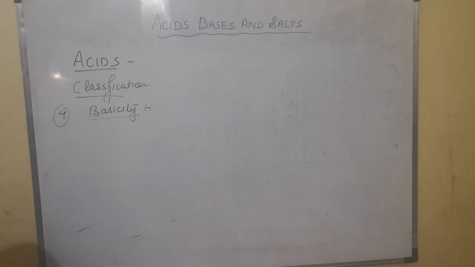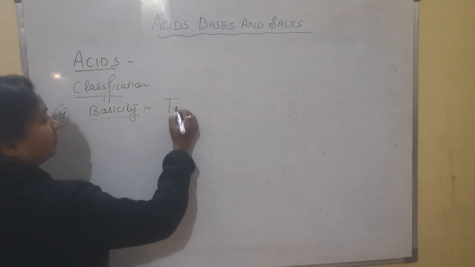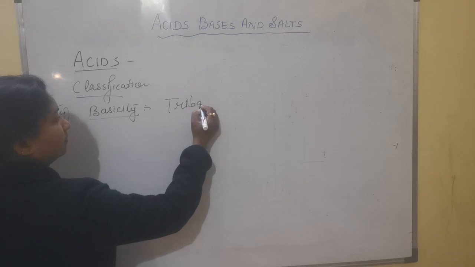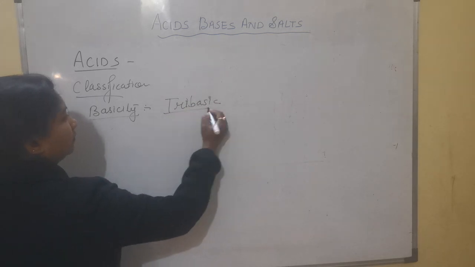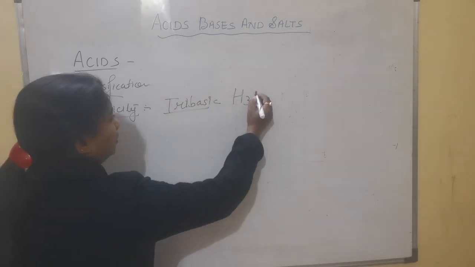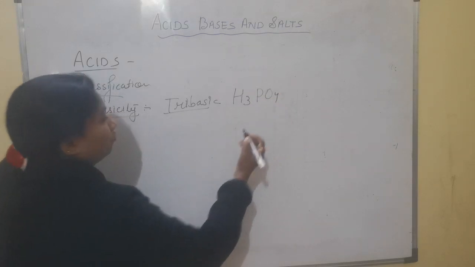Now we'll take an example of tribasic acid, that is phosphoric acid. Tribasic acid is phosphoric acid, H3PO4.